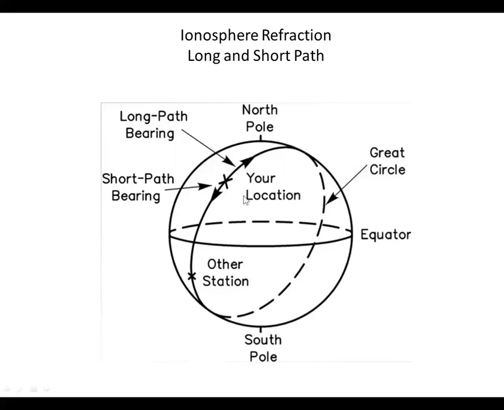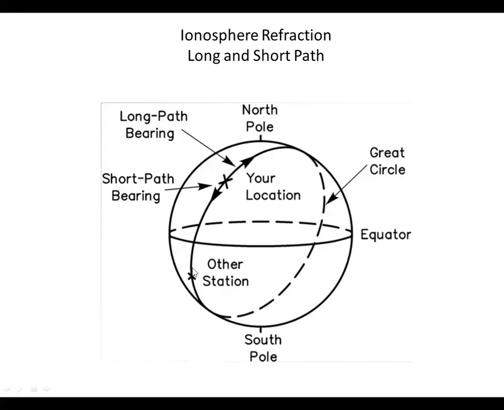Then there's also a path that the signal will take, because you'll be transmitting behind the antenna as well in all directions if you have an omnidirectional antenna, and that'll be following the great circle around the other path and coming up to the station.